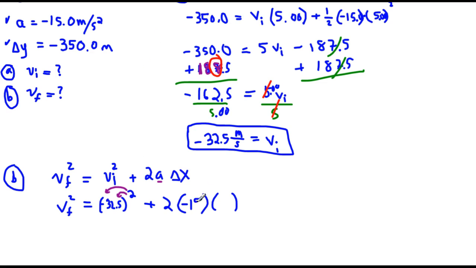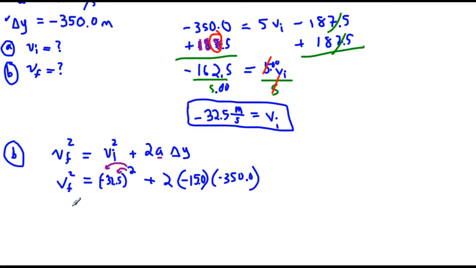Oops, I should do negative 15.0 for sig figs. And then delta X, oh, it's delta Y, because it's along the Y-axis. So delta Y, and the value was negative 350.0.